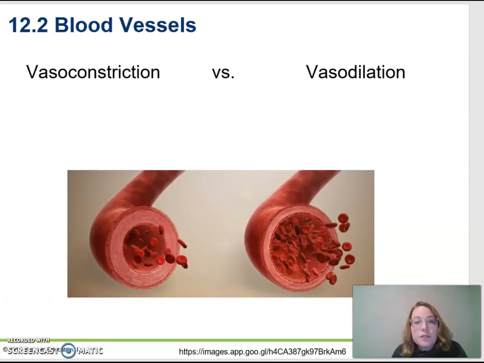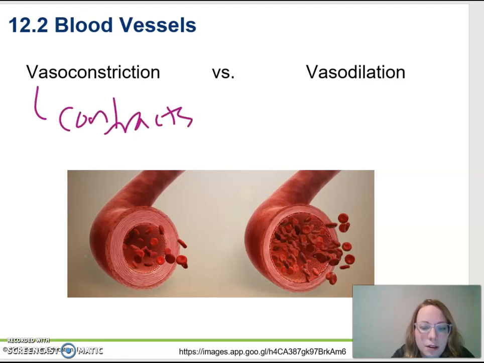Okay, so here's a really nice view of how that smooth muscle can constrict or relax. So vasoconstriction, that smooth muscle contracts. And we can see how then there's a smaller space for blood flow, right? So leading to an organ, less blood will go there.